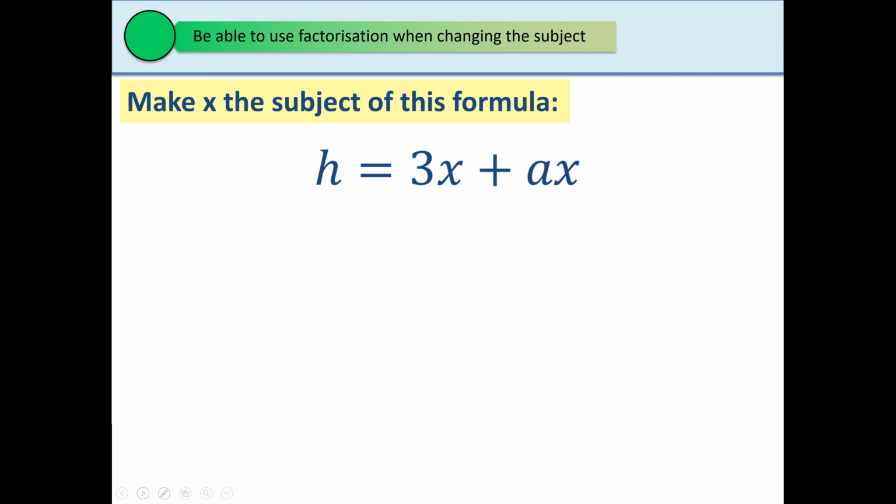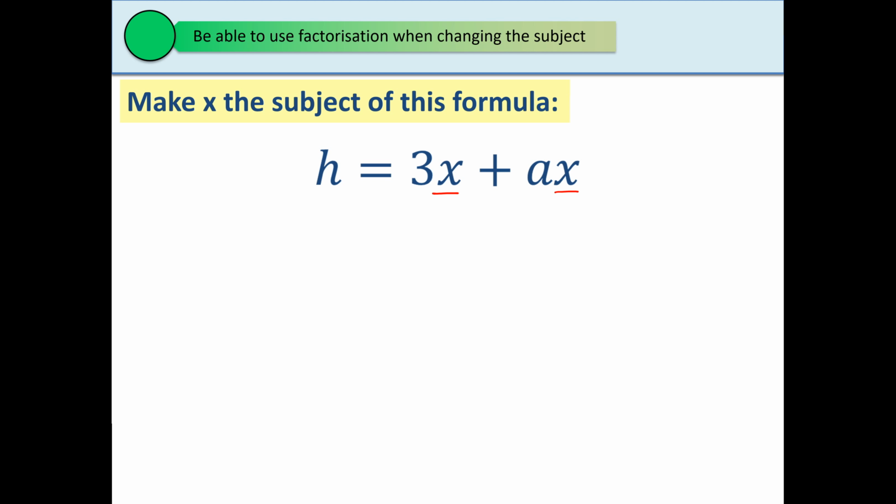Next example, making x the subject now. Now we're moving on to the higher end of changing formulae: be able to use factorization when changing the subject. So on the left hand side we have h is equal to 3x plus ax. Now you probably realize we've got two lots of x's and we're making x the subject. The only way to get rid of one of the x's is by factorizing.